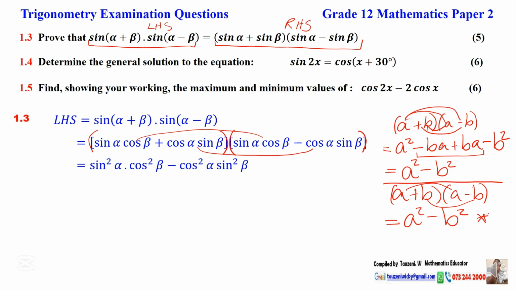Using still the same idea of factorization. Now, if you look, I want this expression to look exactly the same as the one on my right hand side. So what we do is, this one here is equivalent to 1 minus cos squared, 1 minus sine squared b.